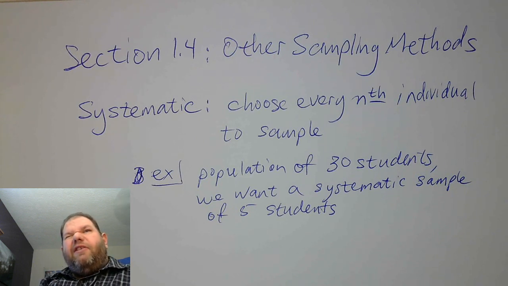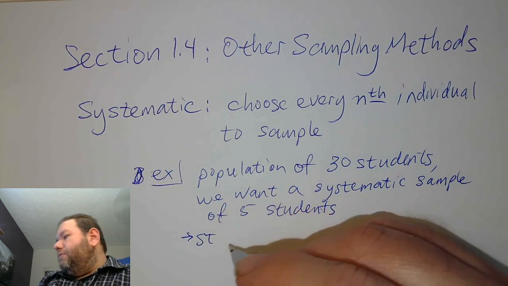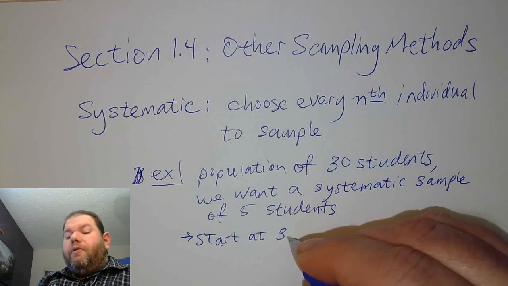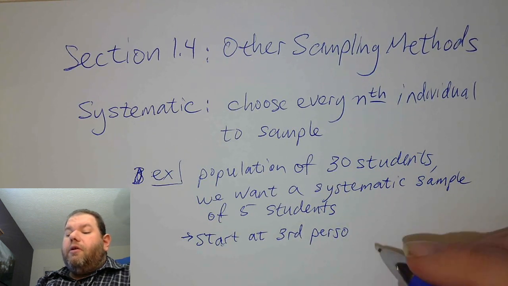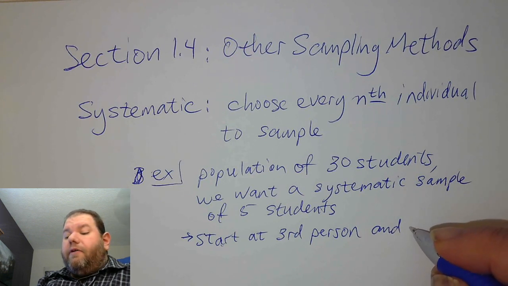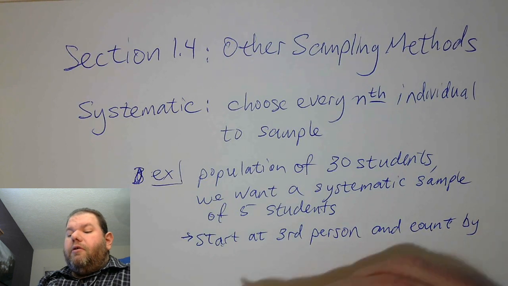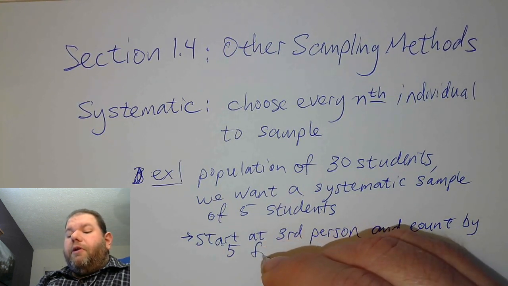So let's say we randomly select 3. So we'll start at the third person, and let's say we count by 5 from there.